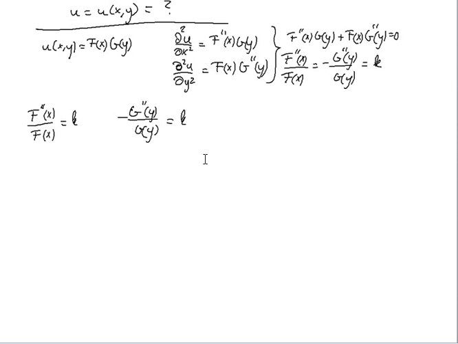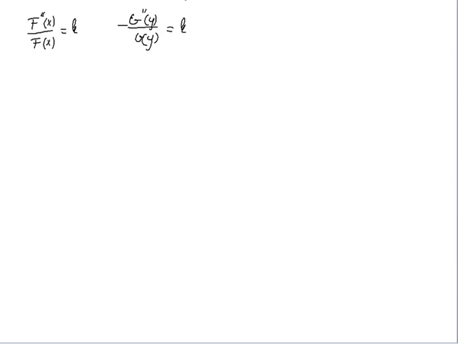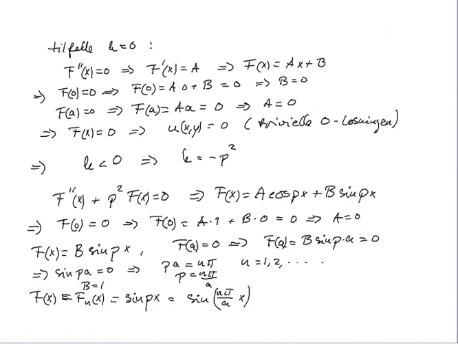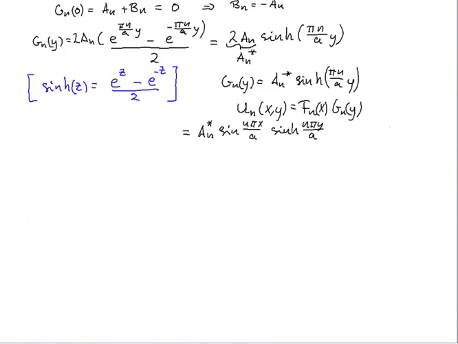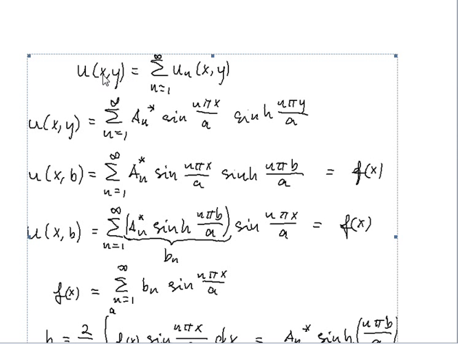We do not go into so much detail here, but let us just show you that making arguments very similar to what we did before, we arrive at a general solution for the temperature U, and it's written in this form.